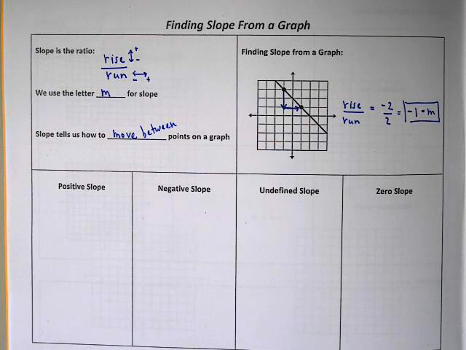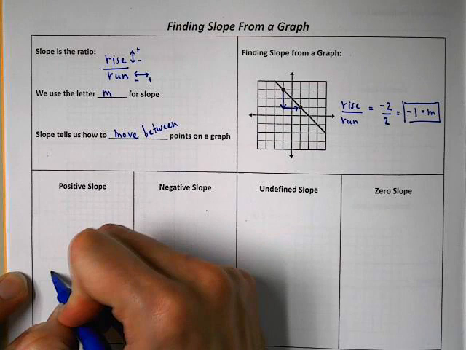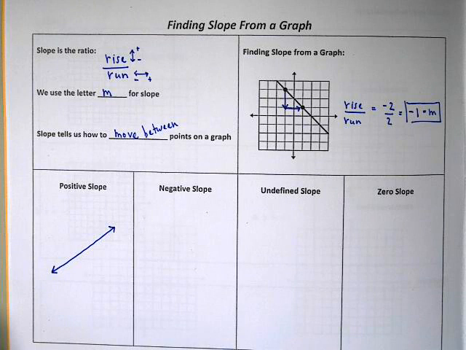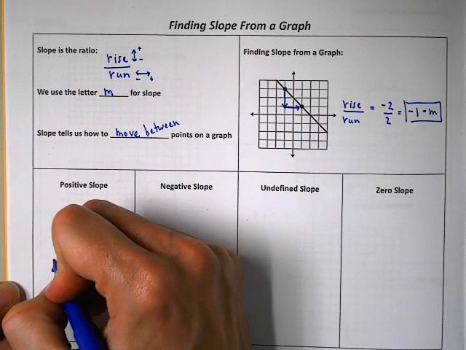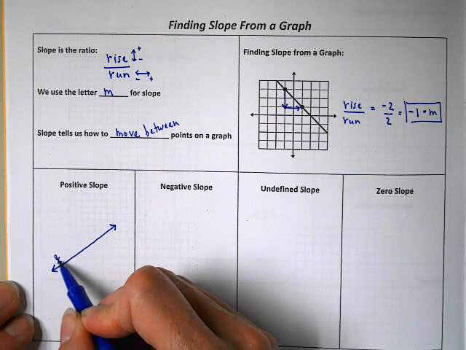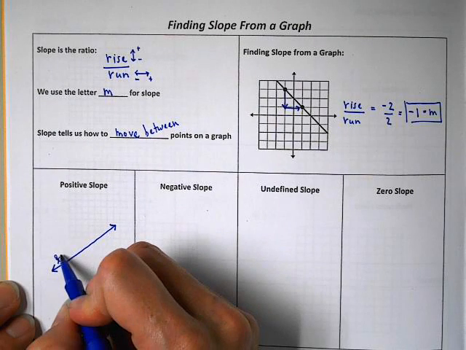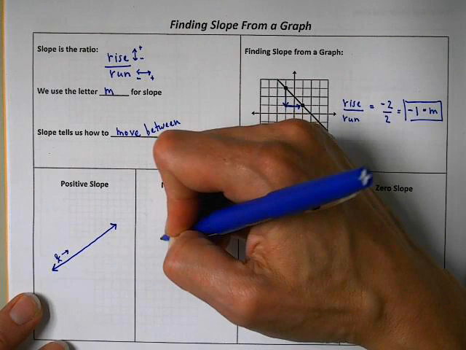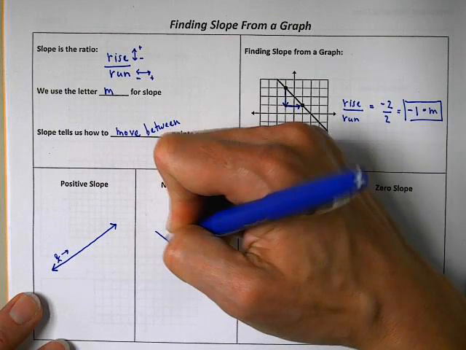Now there are 4 cases for slope. We can have a positive slope: lines that go uphill have a positive slope. I always think, if I started at the furthest left of my line and started walking, would I be going uphill or downhill? In this case, I would be walking uphill, so that would be a positive slope. Negatives are going to go downhill.